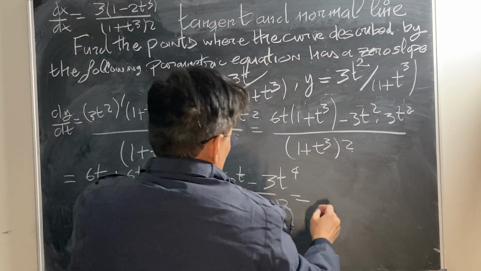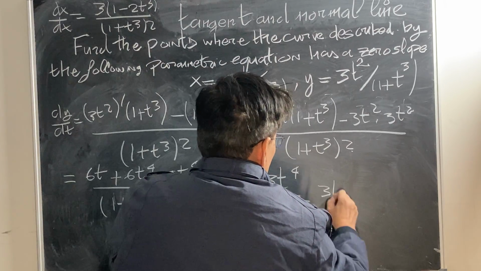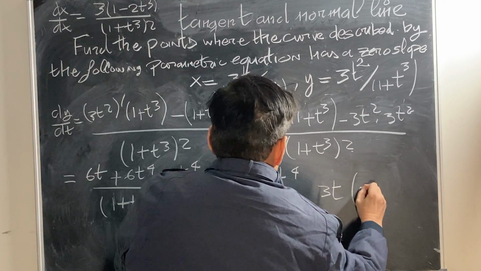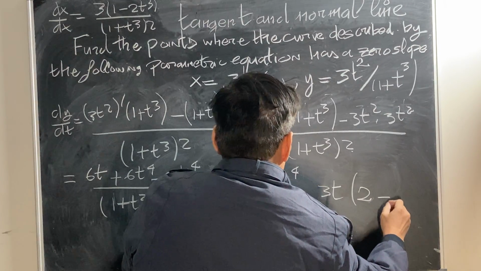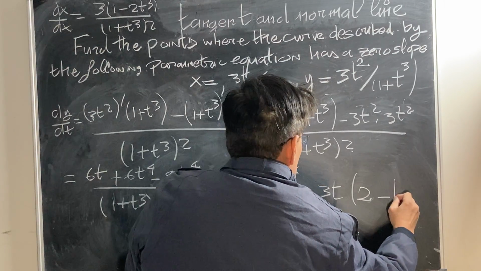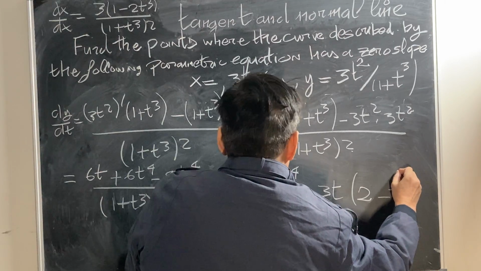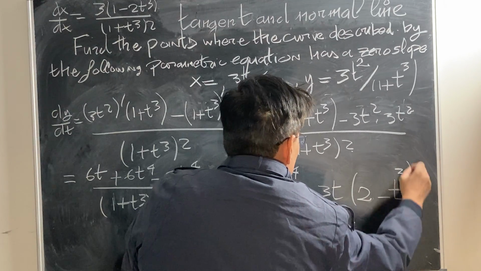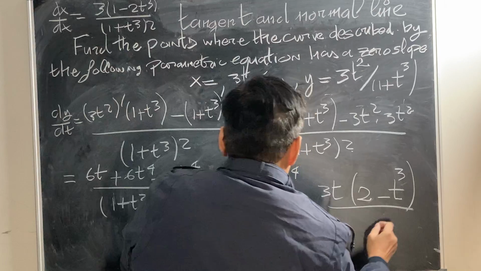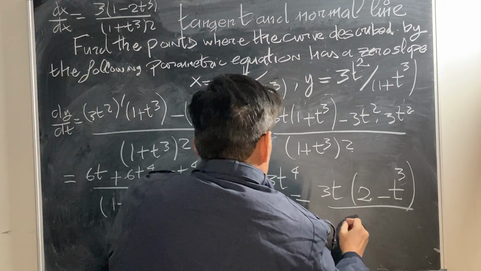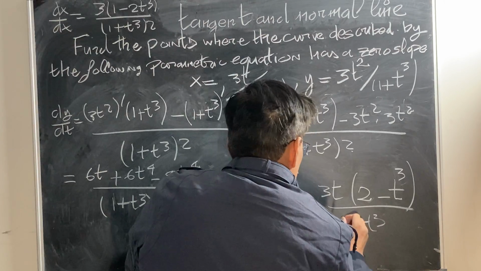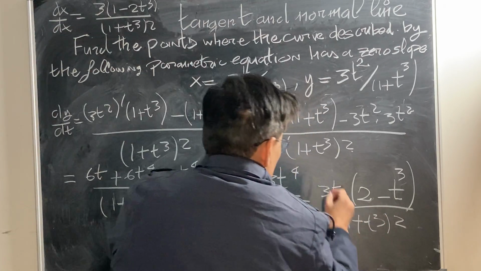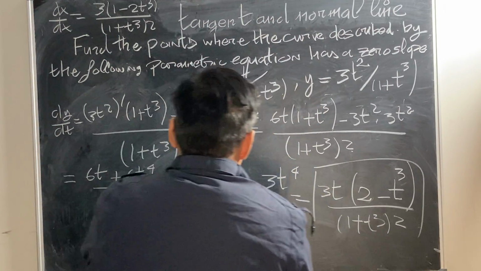Okay, 6t minus 3t to the fourth. If you factor 3t out, then you have 3t times 2 minus t cubed over 1 plus t cubed the whole thing squared. Okay, so we can stop right here.